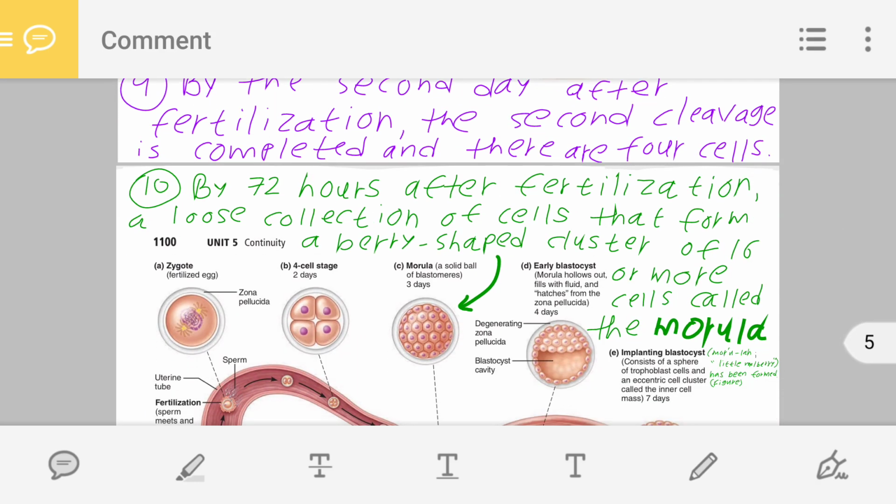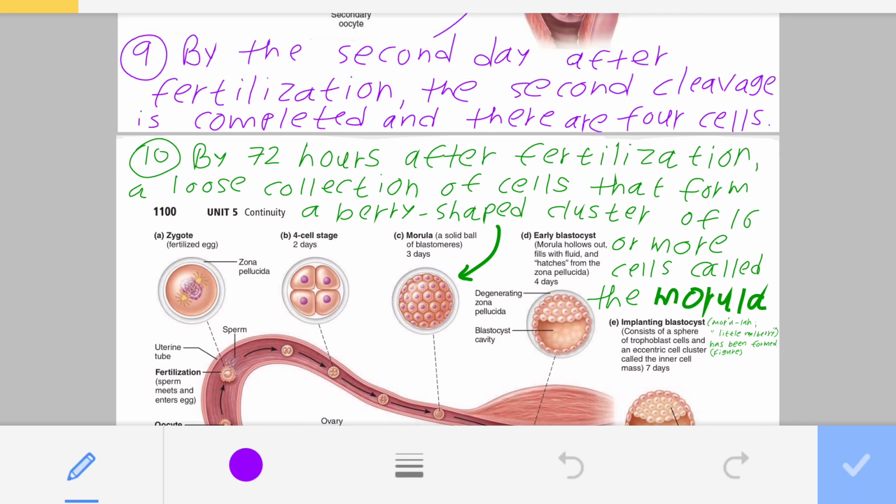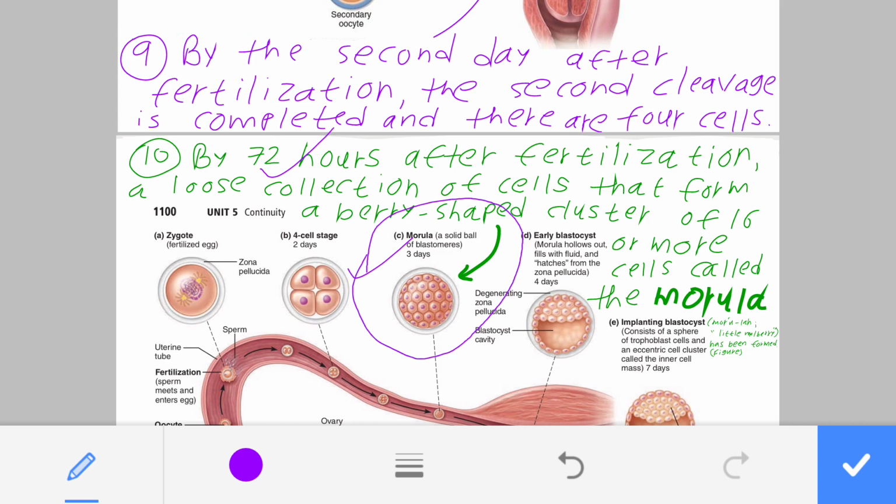Now after the third day of fertilization, that is after 72 hours, a solid ball of blastomeres is formed, and this solid ball of blastomeres is known as morula. So once again, after the 30 hours, the first cell division is completed and two cells are produced.